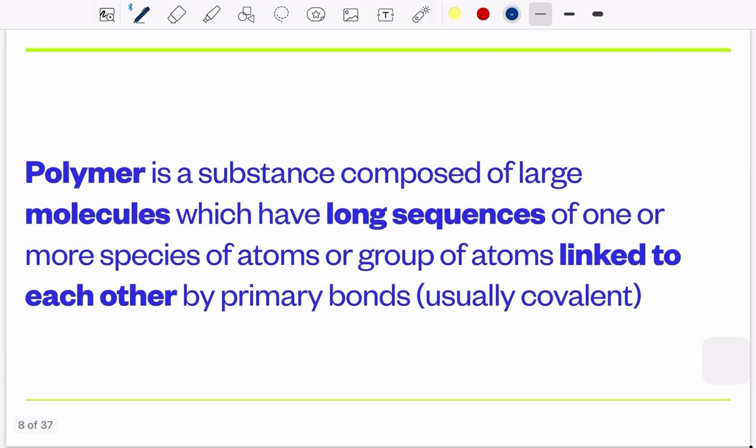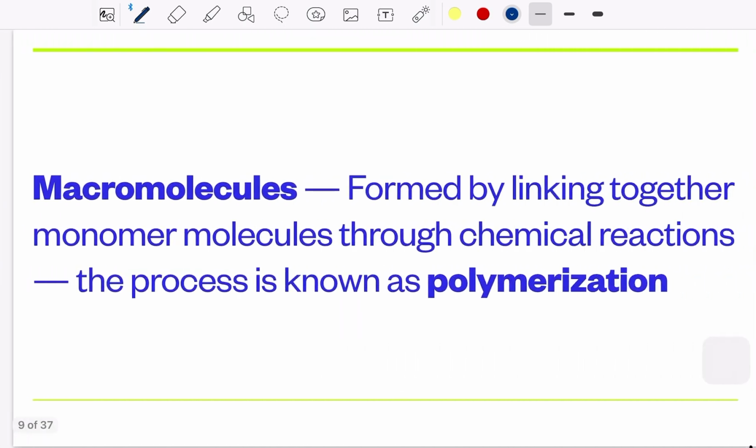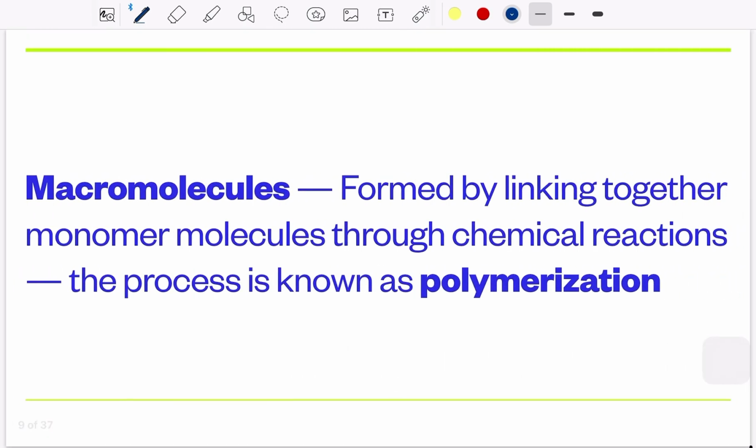So this is a polymer by definition. Okay? It's a large molecule, a long sequence. It has more than one species of atoms or group of atoms, and they are linked together by primary bonds, usually covalent bonds, and most is covalent.